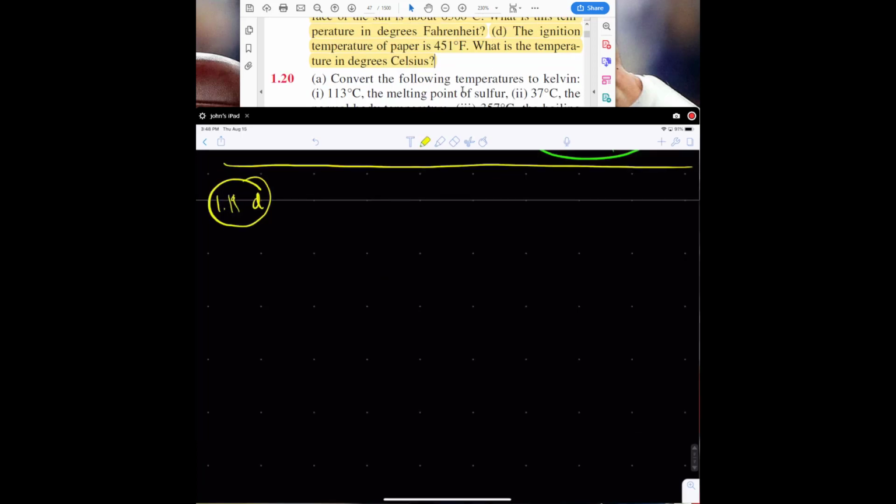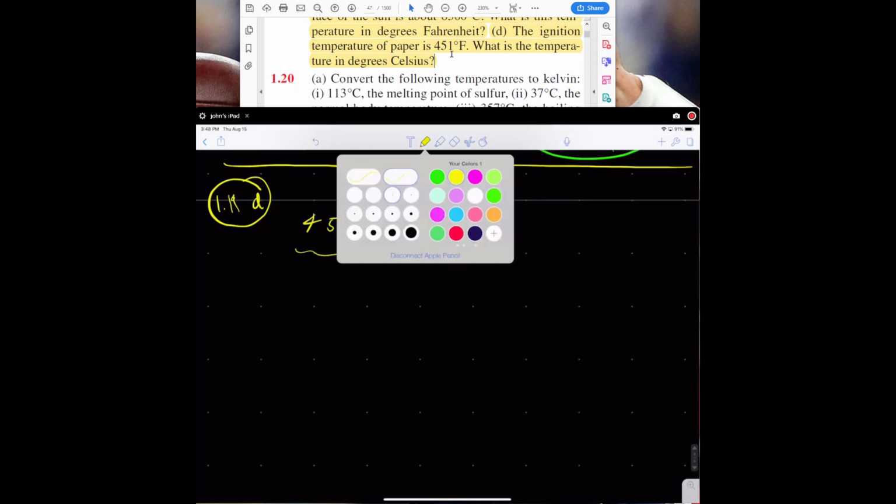Alright, the ignition temperature of paper is 451 degrees Fahrenheit. What is the temperature in Celsius? Okay, so they want us to go to degrees Celsius. Let's make it happen.